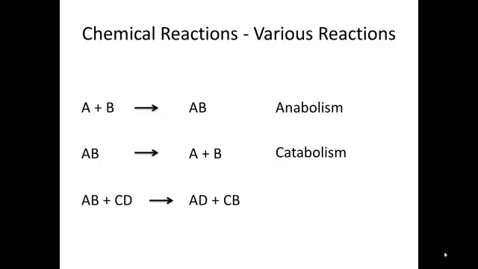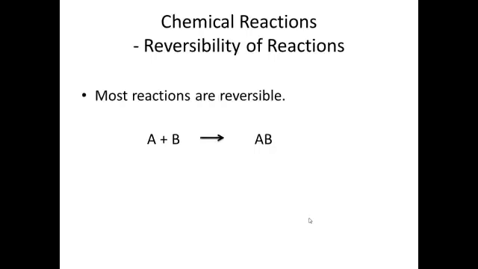And then there are the situations where we have two molecules and we switch the parts. For example, in this situation we have molecule AB and we have molecule CD, and we switch the B's and the D's to get AD and CB. That would be called an exchange reaction. Now, most reactions are reversible.